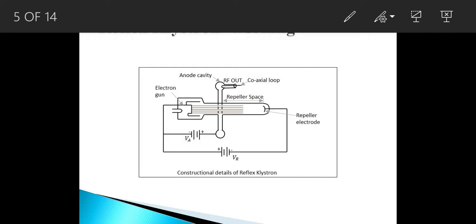The reflex klystron is a single cavity variable frequency microwave generator of low power and low efficiency.